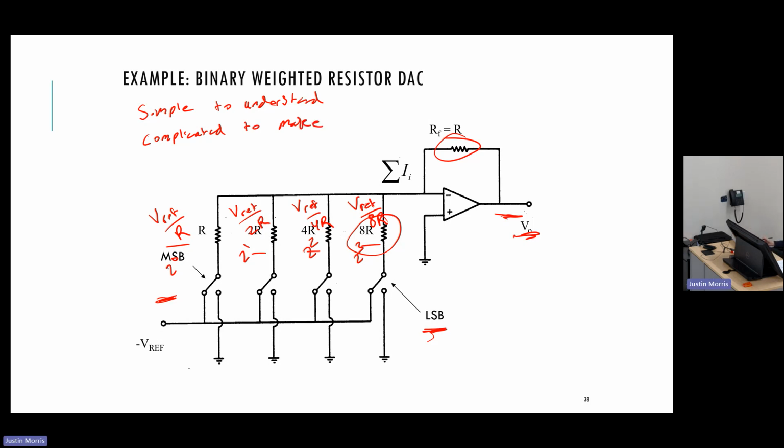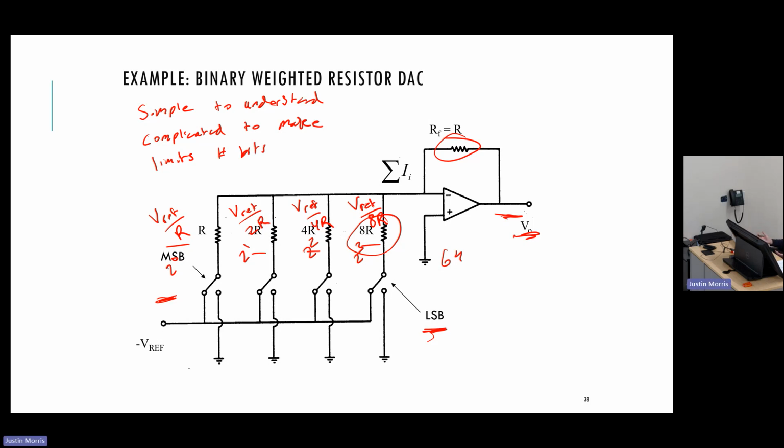If you want something like 64 bits, you need to make this resistor that has 64 times more resistance than the reference. And you have to have all these different combinations, right? Up to 64. So that is what makes it complicated to make, and it limits the number of bits.